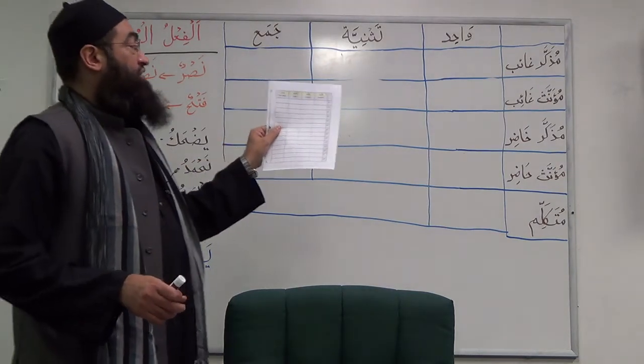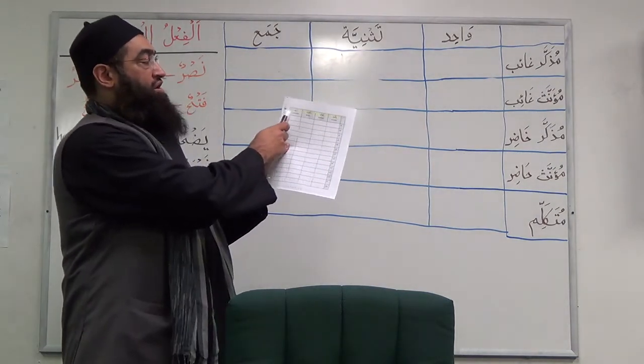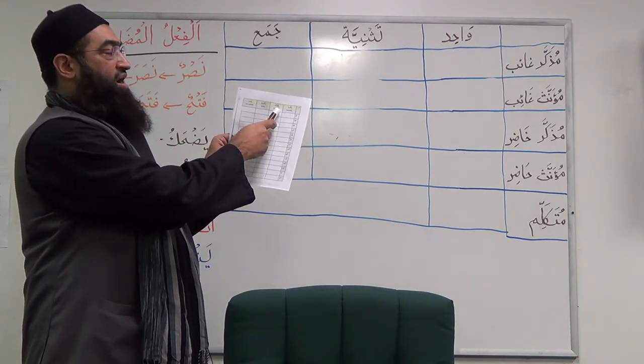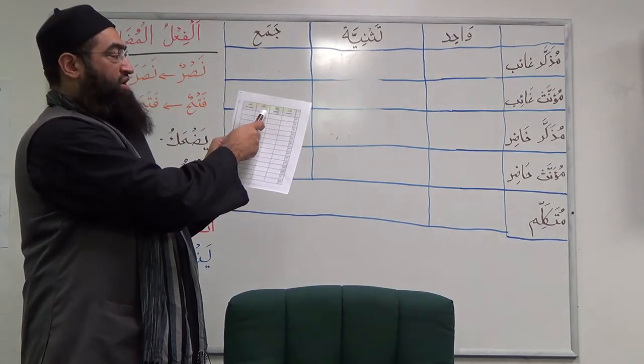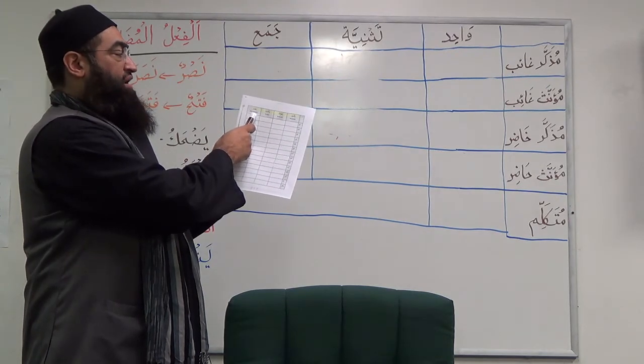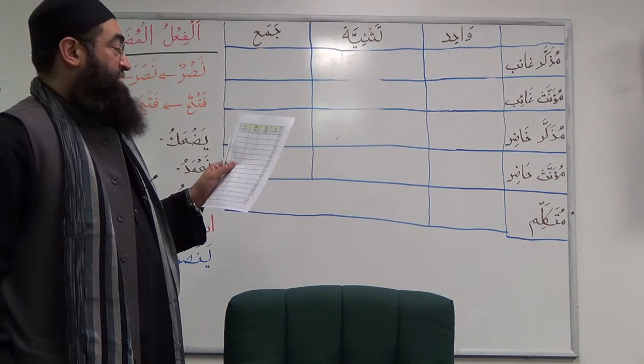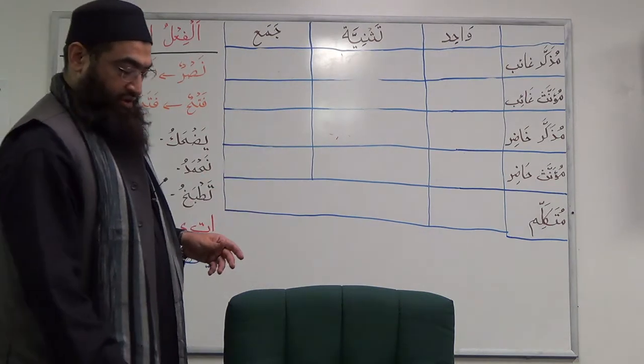So we're going to see the 4 words here. Yaksiru, he is breaking. Ya'rifu, he knows. Yakdhibu, he is lying. And yasbiru, he is patient. So let's break something. All right?